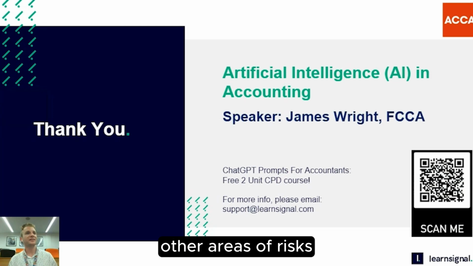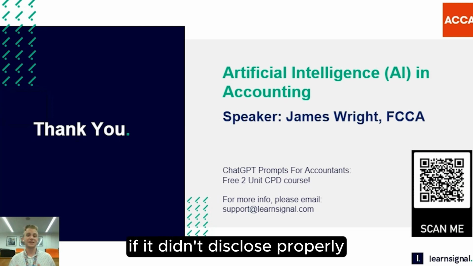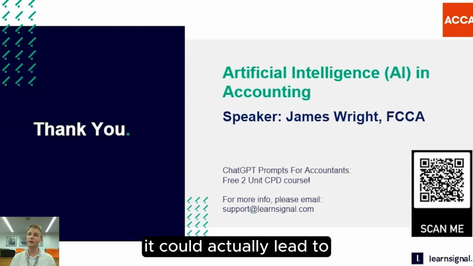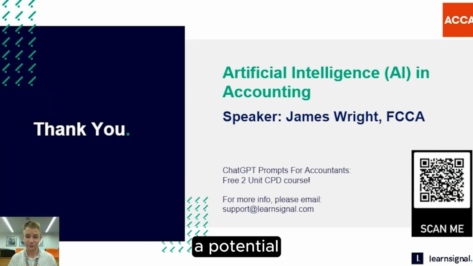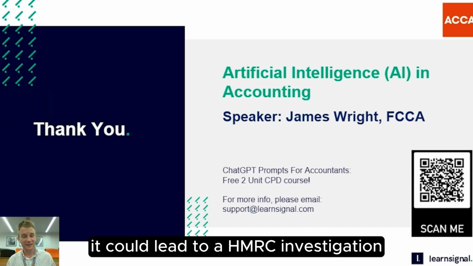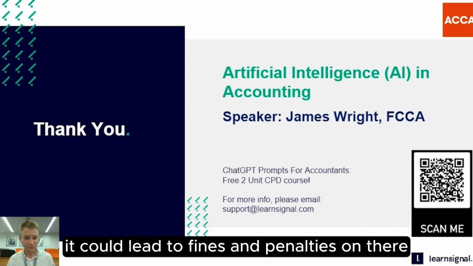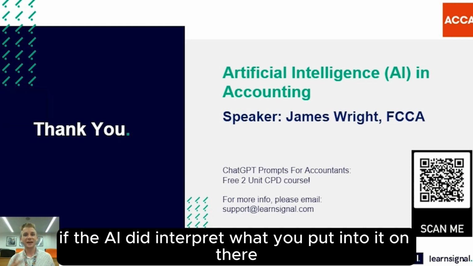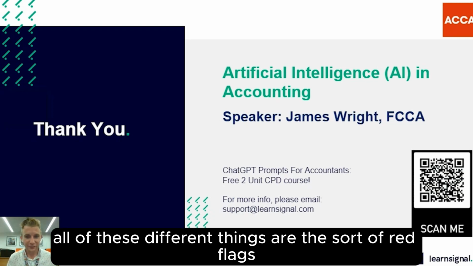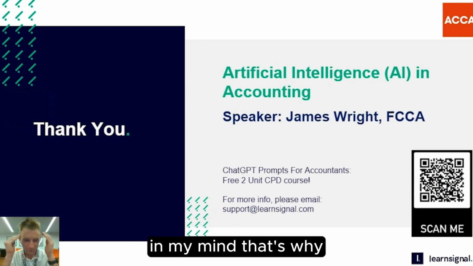Other areas of risk I'd be thinking of: if it didn't disclose properly, it could lead to a potential tax case. It could lead to an HMRC investigation if you're from the UK. It could lead to fines and penalties if the AI didn't interpret what you put into it. All of these are the red flags, the contingencies that go on in my mind.